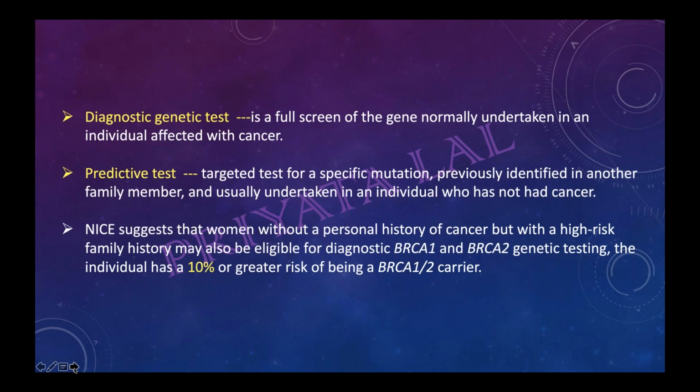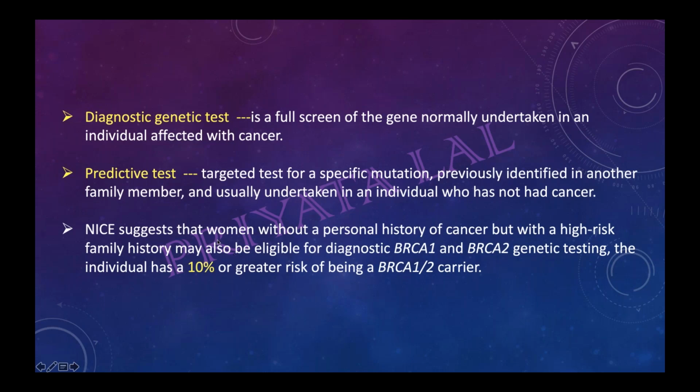Apart from this, what does the NICE guideline say? For women without any personal history of cancer, but a high family history, for BRCA1 and BRCA2 genetic testing, if the risk of being a BRCA1 or 2 carrier is more than 10%, then usually the testing should be offered.